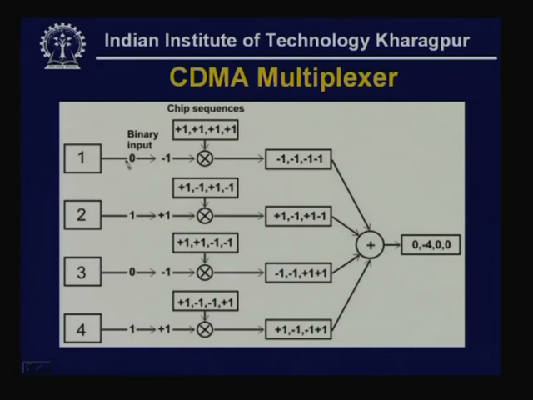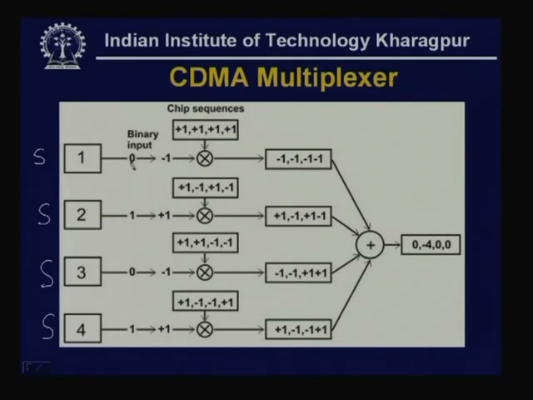So, here the binary data is coming from four different sources, that is, say, station 1, station 2, station 3, station 4. From station 1, 0 is coming, from station 2, 1 is coming, from station 3, 0 is coming, from station 4, 1 is coming.